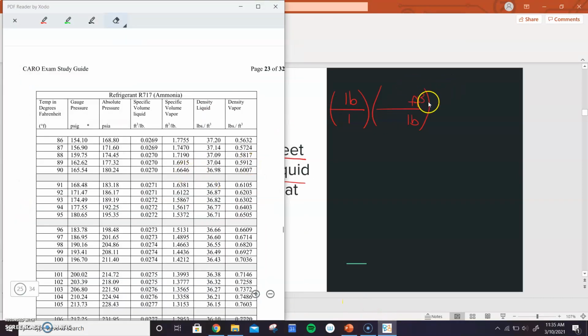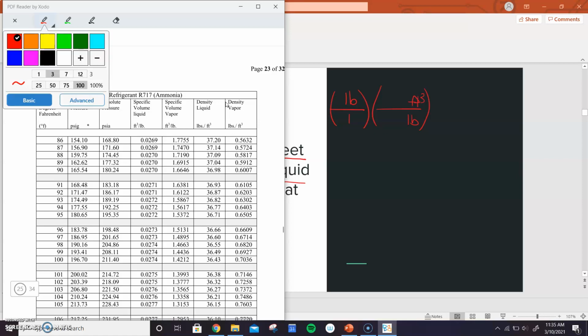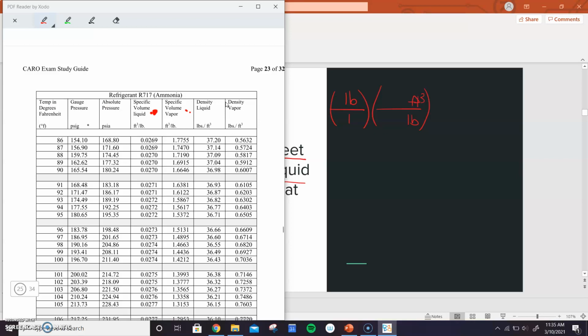All right, and we're looking for a unit in cubic foot per pound. Now, the unit for cubic foot per pound is going to be your specific volume. And you see right here, we have the specific volume of liquid and the specific volume of vapor. Now, it's important that we have made that distinction.